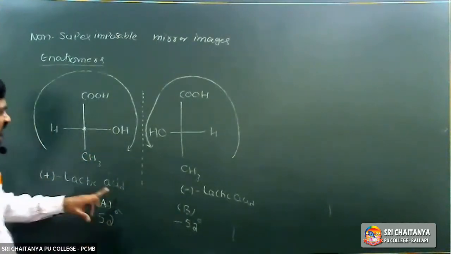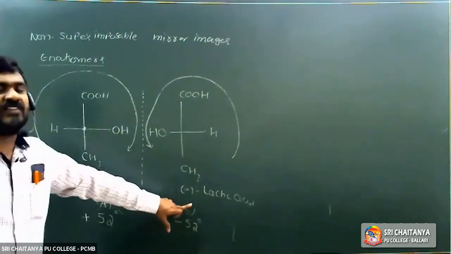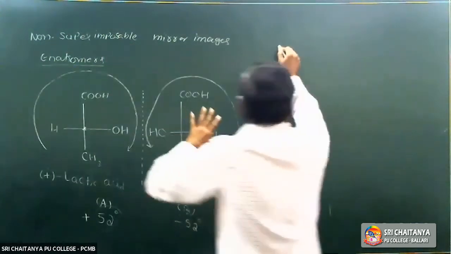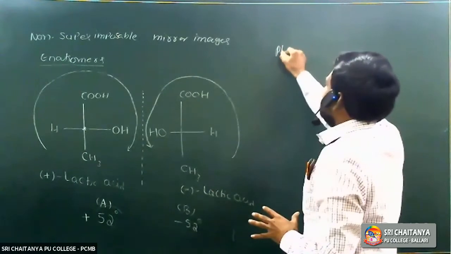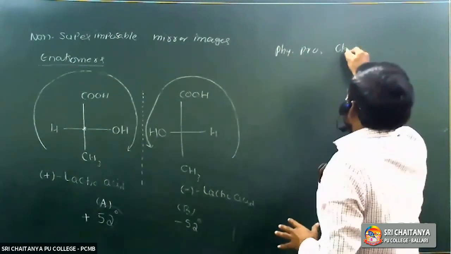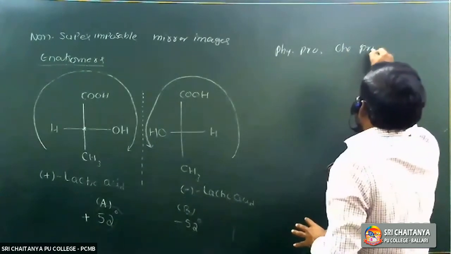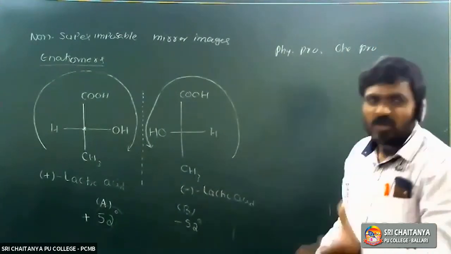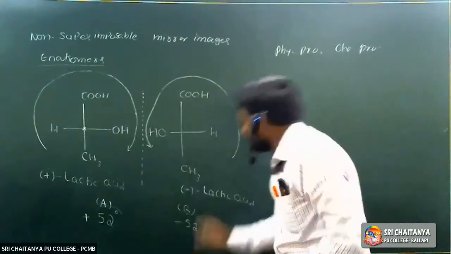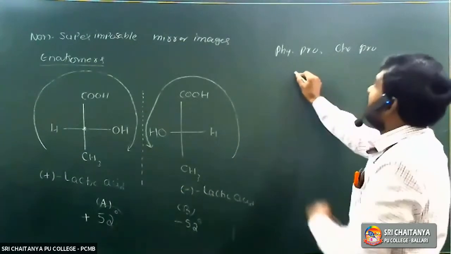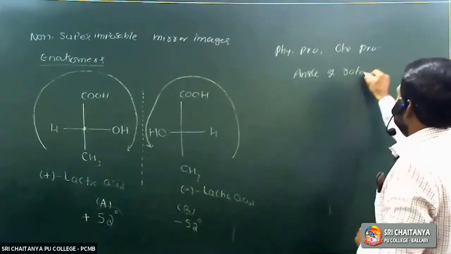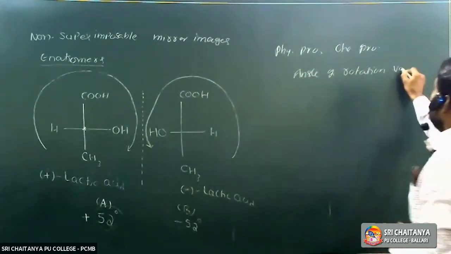Suppose it rotates 111 degrees; the mirror image also rotates 111 degrees. So enantiomers have almost similar physical properties, almost the same chemical properties, and the same angle of rotation value.